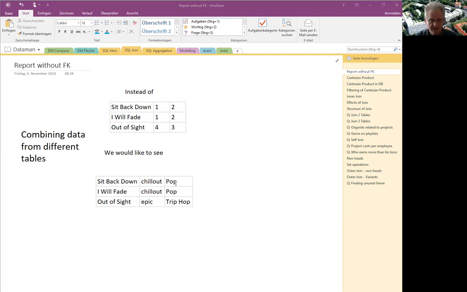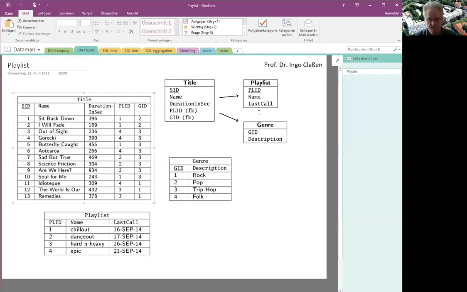And this information, for example, the name of the playlist and the description of the genre here, is in different tables. That means we have to combine information of many tables, and we need some kind of operation in order to do so.